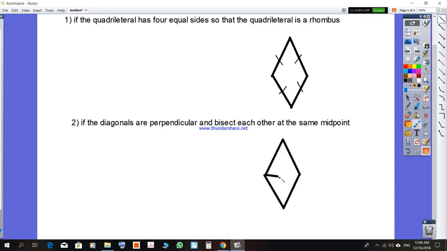Here is the first diagonal, and the other one is the second diagonal.